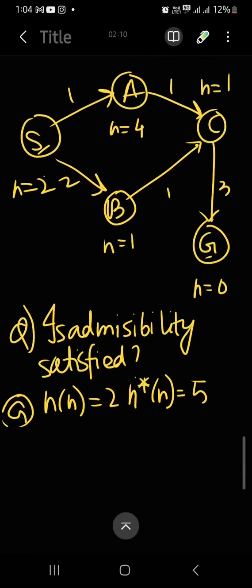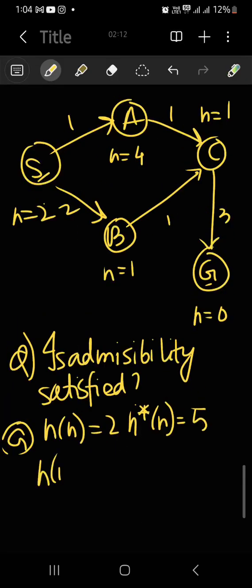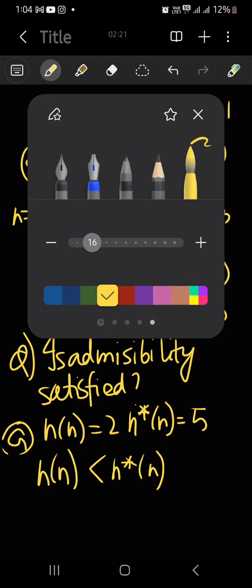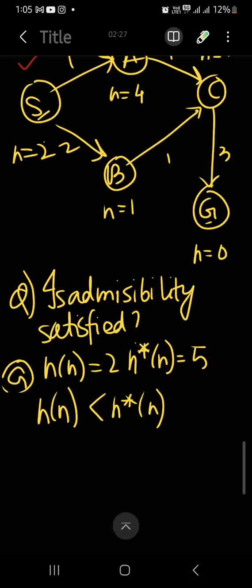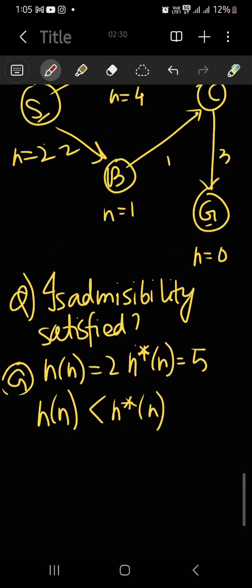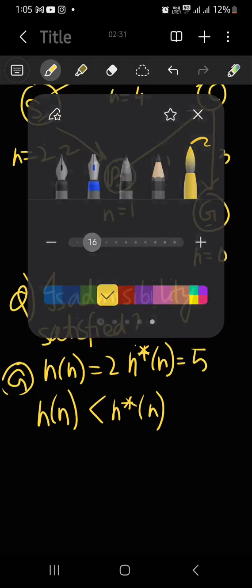From here I can easily see that h of n, the estimated cost, is less than the actual cost. So for this, the admissibility criteria is satisfied. I will just put a tick mark over here. Now we have to check for A also, for the vertex A. So I will be checking for the vertex A.